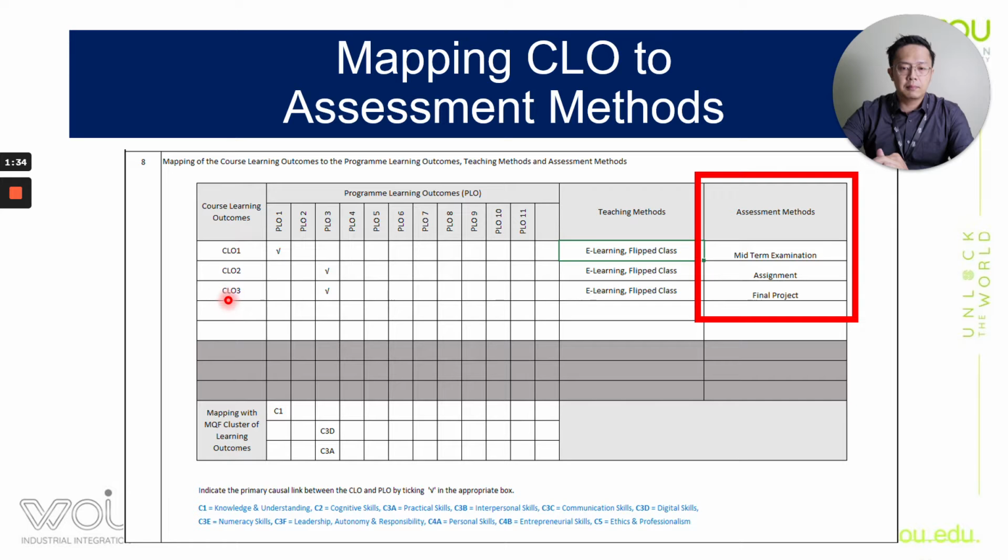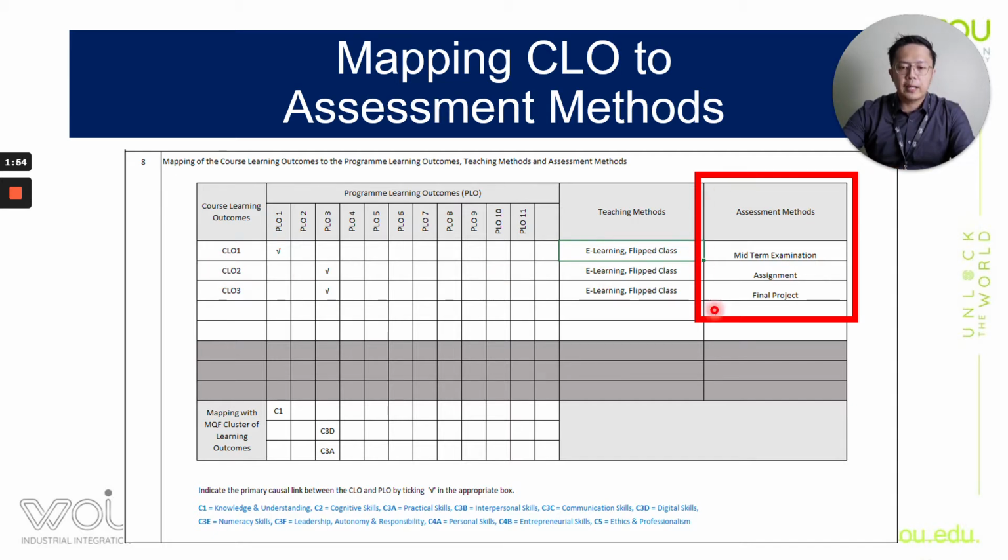So basically this table itself indicates the constructive alignment that we have been mentioning so far, how your CLO is mapped against the teaching method and assessment method based on the learning domain that you have used for your CLO.